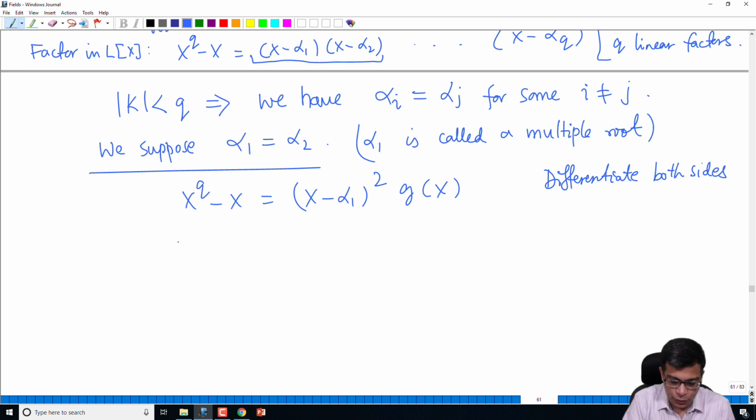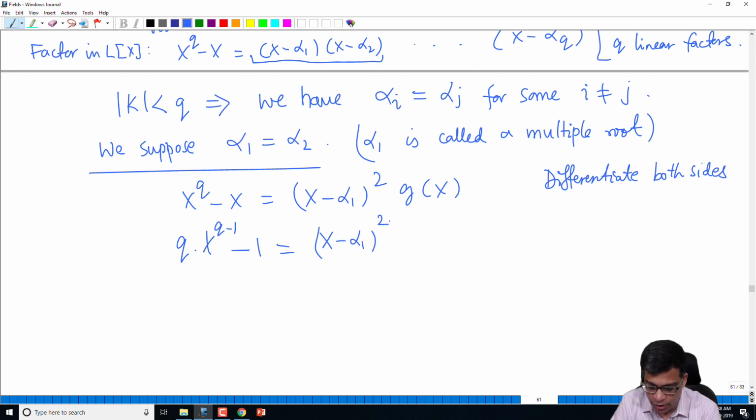We get Q times x^(Q minus 1) minus 1, that's the derivative of the left hand side. For the right hand side I am going to use the product rule. So I will have (x minus alpha 1) whole squared times g prime of x, plus g(x) times 2 times (x minus alpha 1).